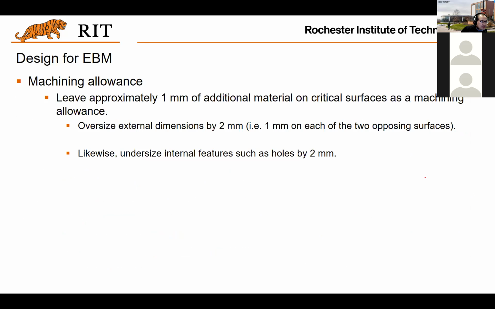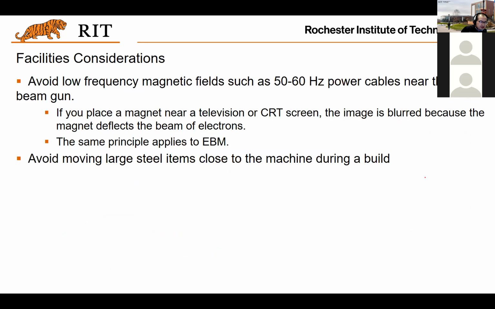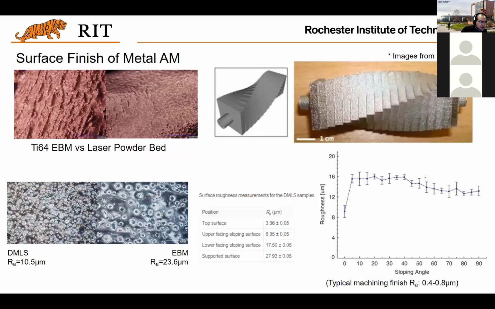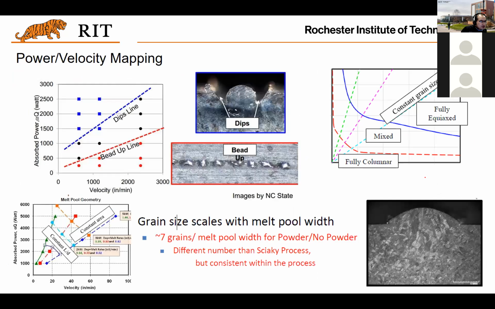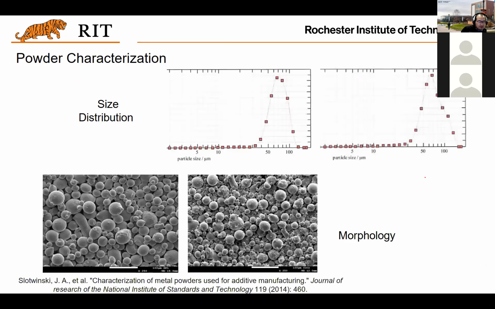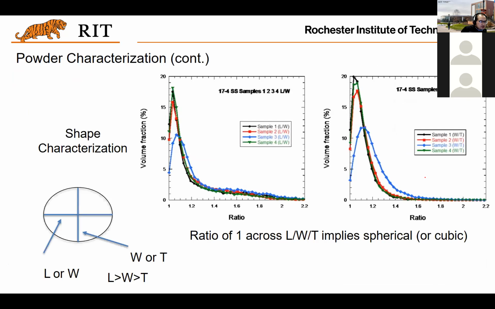Some of the design guidelines for the parts to be printed using electron beam melting. Yeah, I think pretty much you can take a look yourself at all of these.